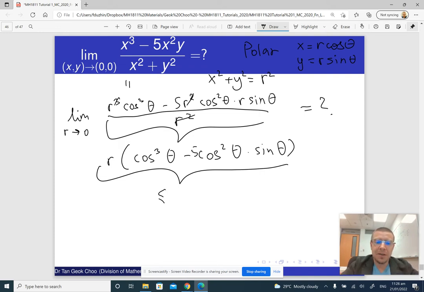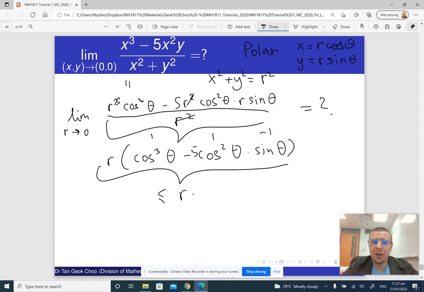This is less than or equal to r times what? Basically, the maximum possible value is when cosine is 1, because cosine is between 1 and negative 1, right? Then cosine square theta cannot be negative, so it can be 0, it can be 1. But what if cosine is 1 and sine is negative 1?